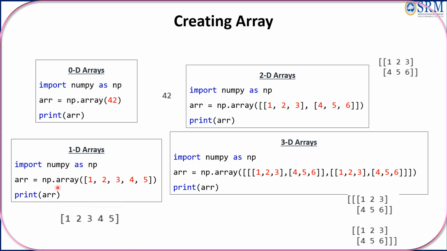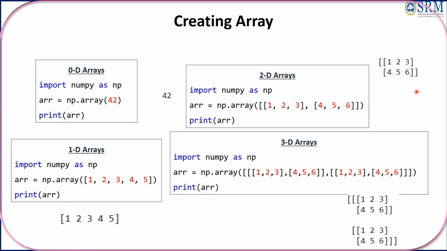Here, the same import numpy as np is done, and the array function is used with the values 1, 2, 3, 4 and 5. Since it's a one-dimensional array, only axis 0 is created, and once we print, this is a one-dimensional array.